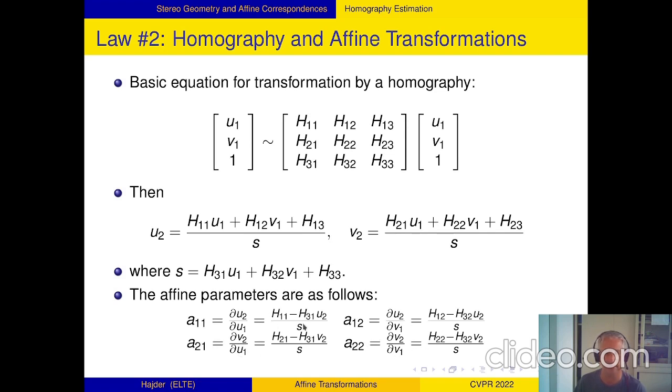And if somebody computes then the homographies, then this formula can be obtained. And now let's see that these four equations correspond to the second law. So there are four equations which connect the homography and the affine parameters at a given location.